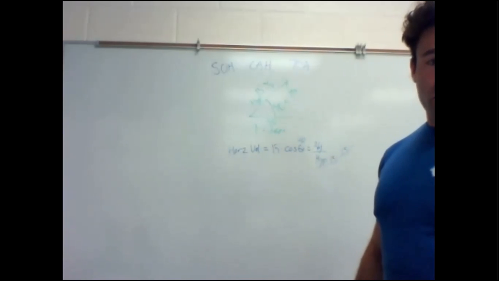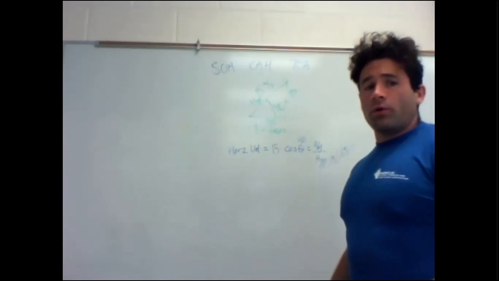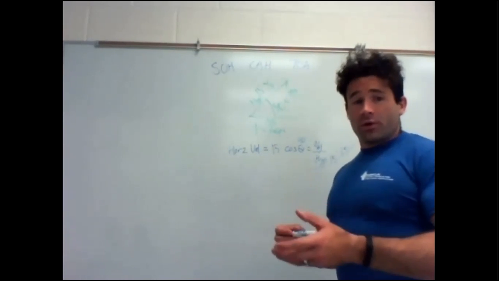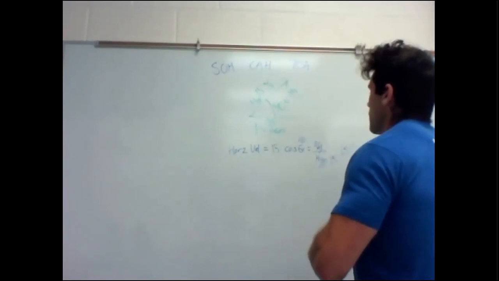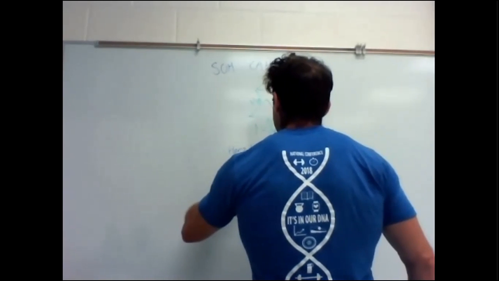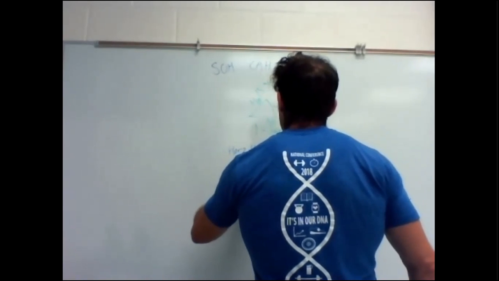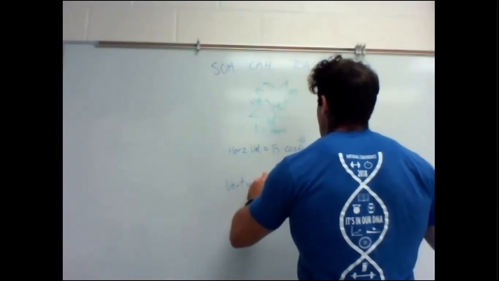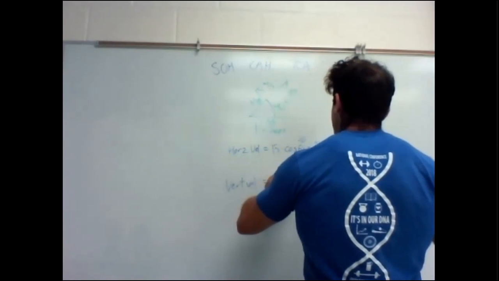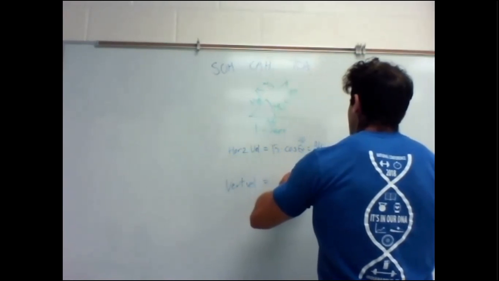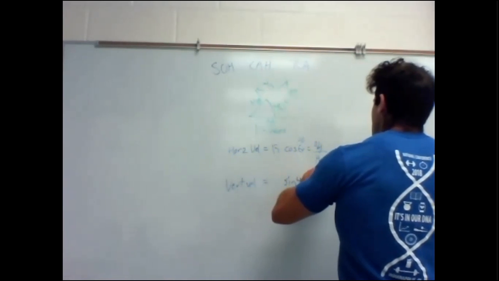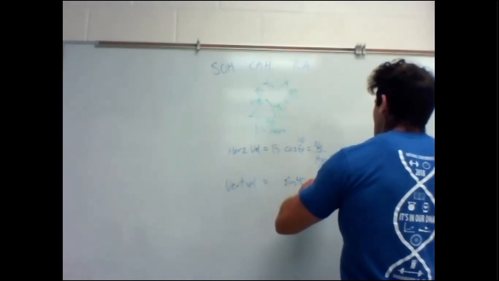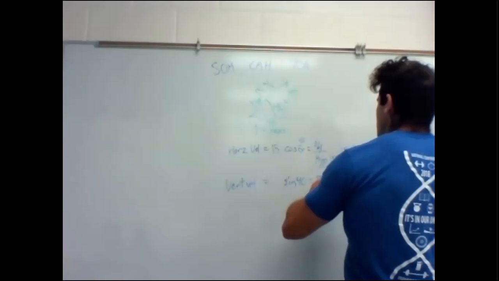Now, if we want to figure out the vertical distance, we'll do it without gravity first, and then we'll do it with gravity. So we're going to take our vertical velocity, which is going to be equal to the sine of 40 degrees equals the opposite over our hypotenuse, which once again is 15.